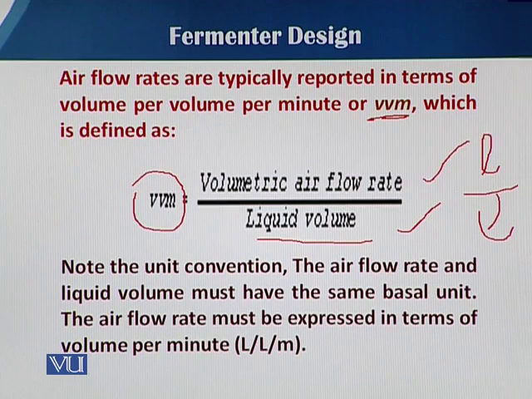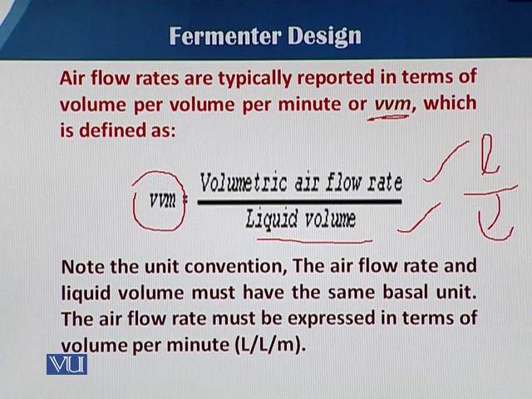Note that as far as the unit is concerned, it is mostly L per L per minute, meaning how many liters of air are supplied to how many liters of fermentation medium in 1 minute.